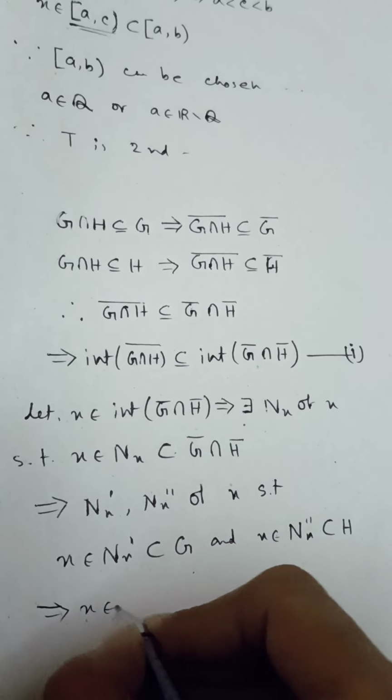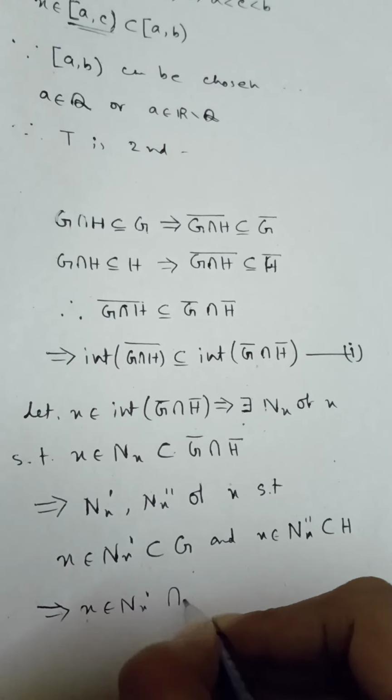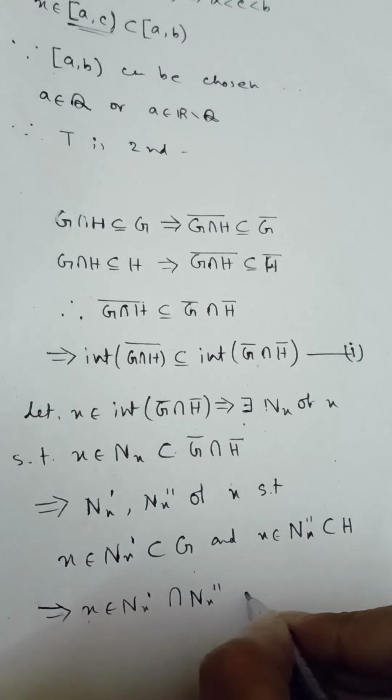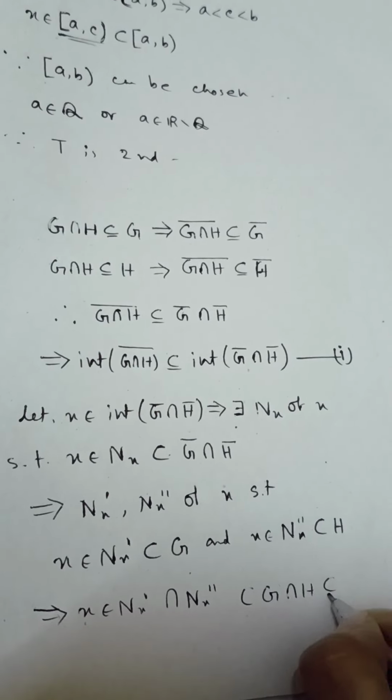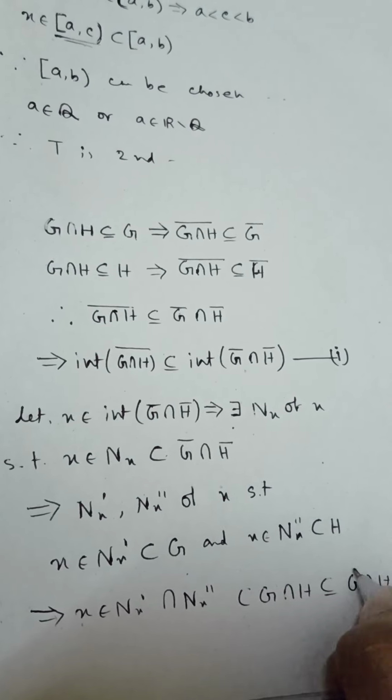Hence, x belongs to Nx dashed intersection Nx double dashed, which is a subset of G intersection H, which is a subset of the closure of G intersection H.